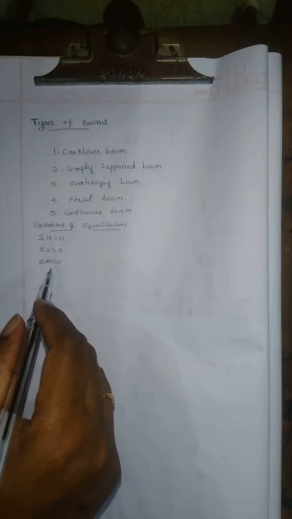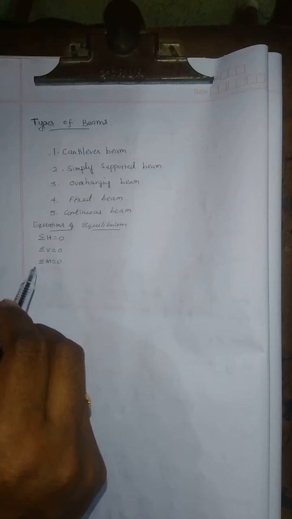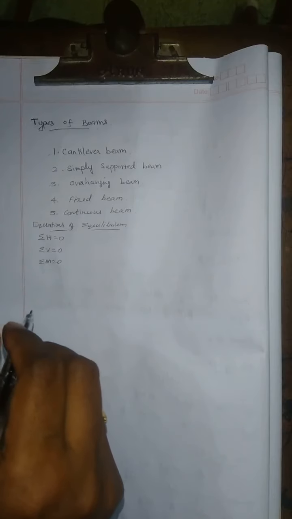If it is possible for us to find out the values of unknowns by using these equations of equilibrium, then we will call it a determinate structure. If it is not possible, then we will call it an indeterminate structure. So in strength of materials, according to our syllabus, we are going to see only the determinate structures.